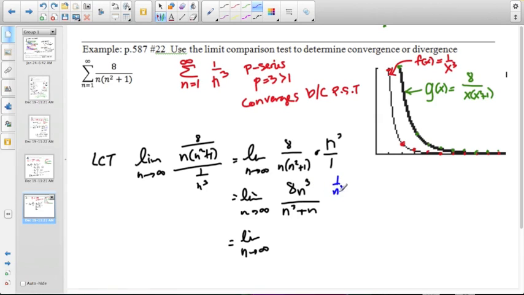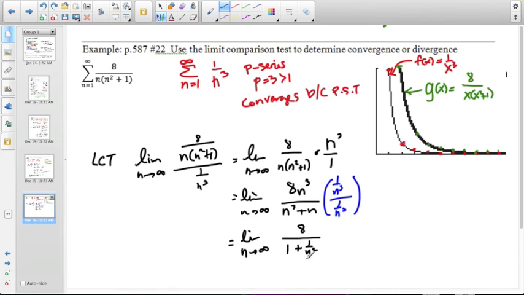So I'm going to multiply by 1 over n cubed over 1 over n cubed. Again, that's just a fancy way of saying 1, so we don't change the ratio. 8n cubed divided by n cubed is just 8, and distributing the n cubed here, we get 1 plus 1 over n squared.